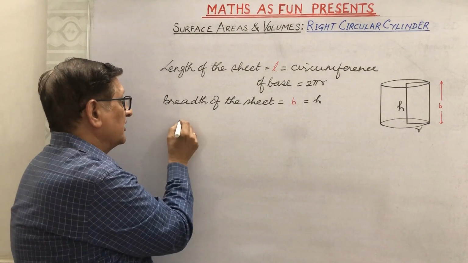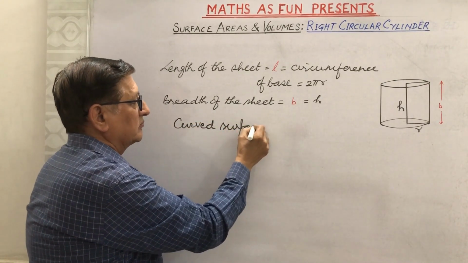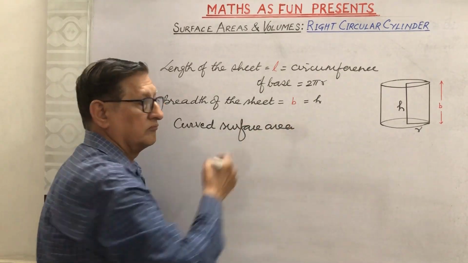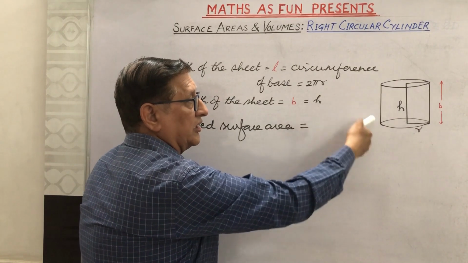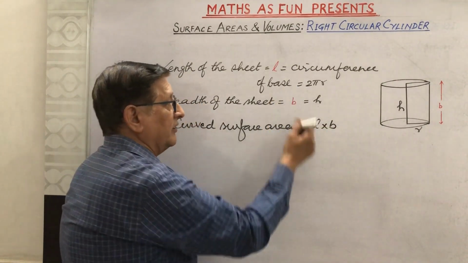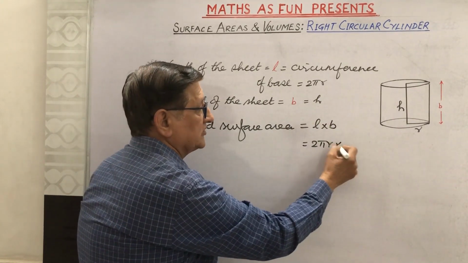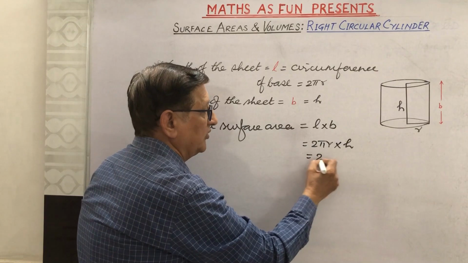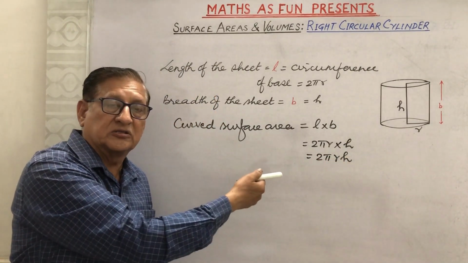Again, in this case, if we want to find out the curved surface area, that will be equal to the area of the sheet, that is L into B. L here is 2 pi r and B is h. So the formula of the curved surface area of the cylinder is 2 pi r h in this case also.